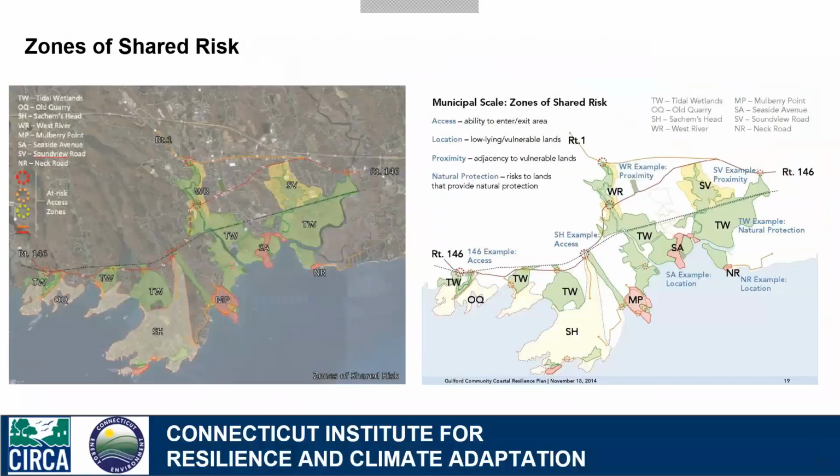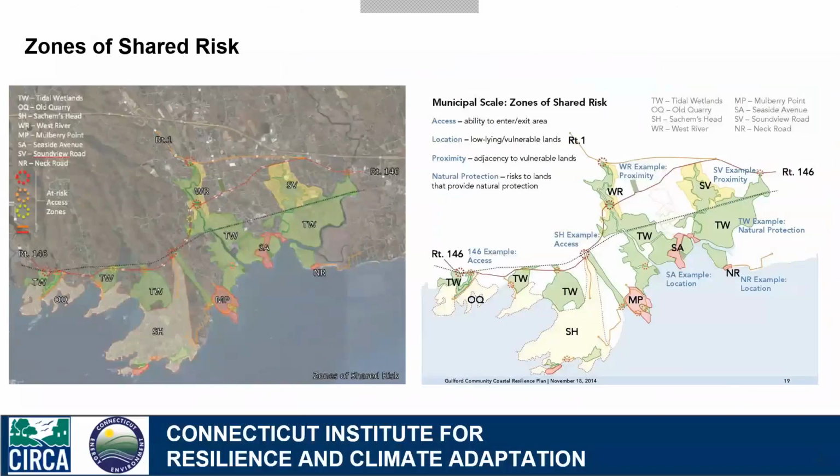Joe mentioned the idea of zones of shared risk, and I just wanted to take a moment to explain this further. So in a lot of cases, when you're working with municipalities, you think across neighborhood to neighborhood or municipality scale. One of the realizations when we were dealing with climate adaptation and climate change was that not everyone shares the same risks.